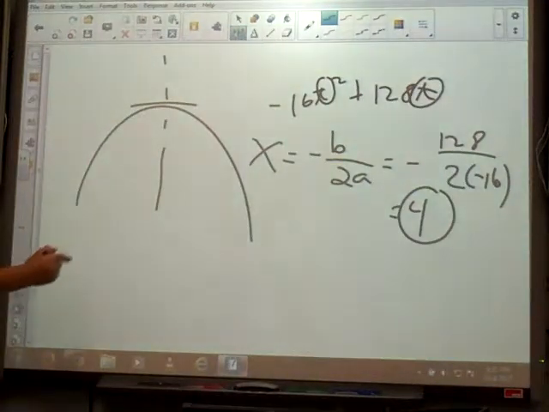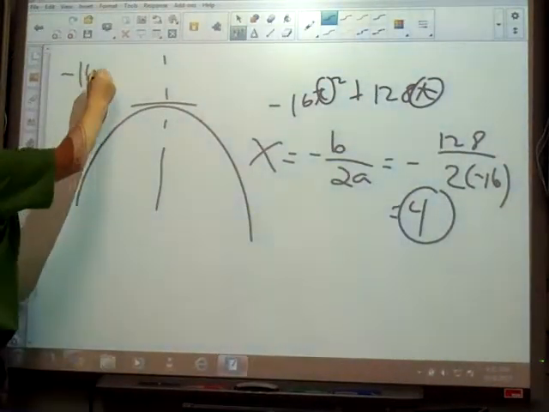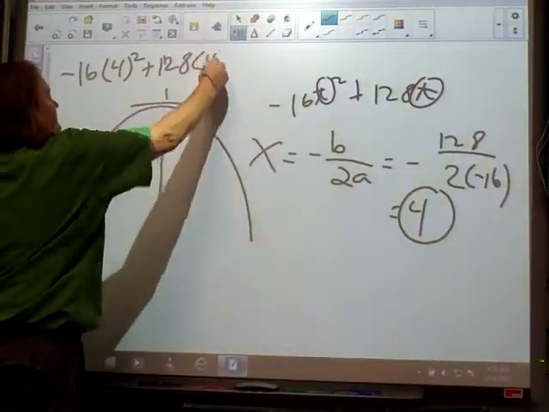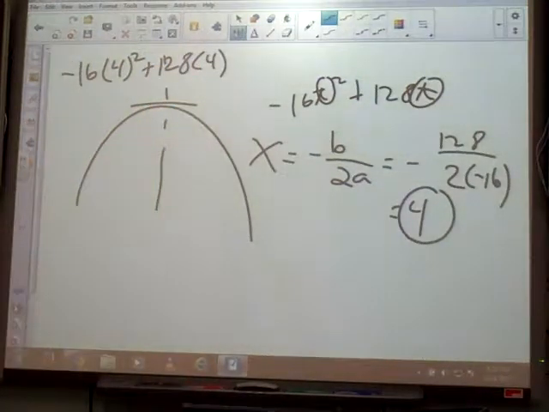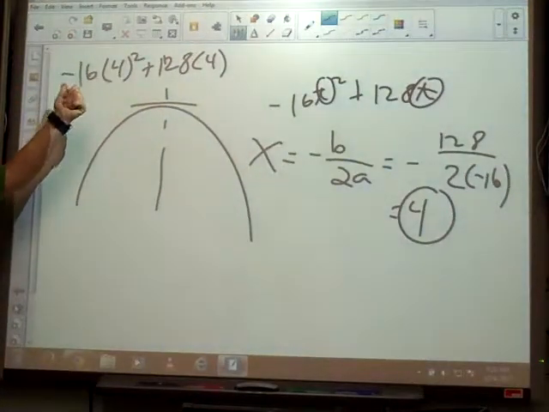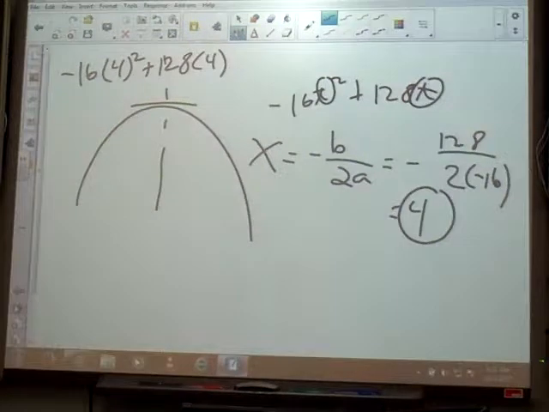Okay, so we're going to have negative 16 times 4 squared plus 128 times 4. That'll tell us how high our golf ball went. Do the 4 squared before you multiply by negative 16. Figure out how high the thing went. But you have some people that multiply 16 times 4 and then square it.